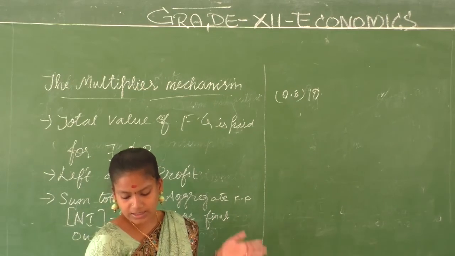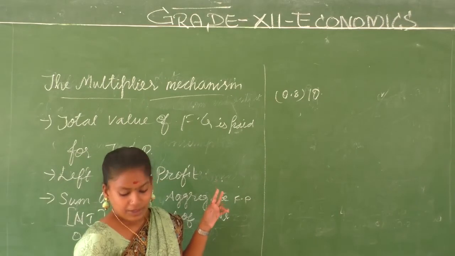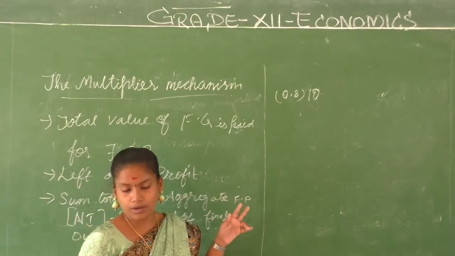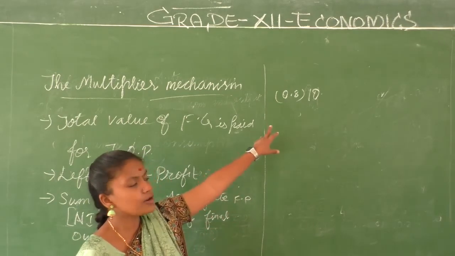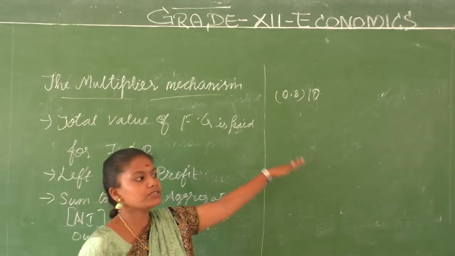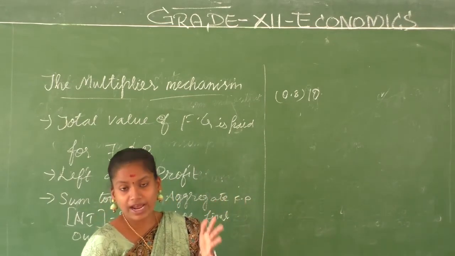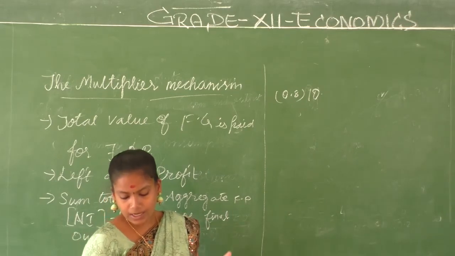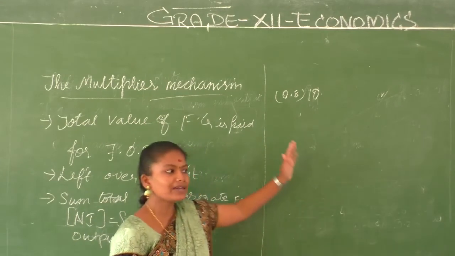Since people spend 0.8, that is the MPC, the marginal propensity to consume, as a fraction of their additional income on consumption. Out of that 10 rupees, they spend the fraction 0.8. So in the next round, the aggregate demand in the economy goes up by this value.